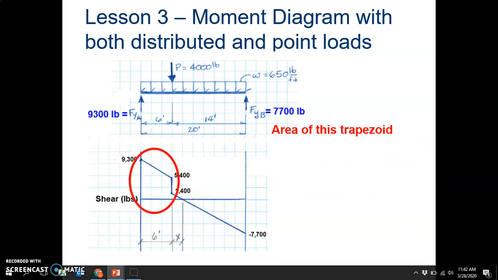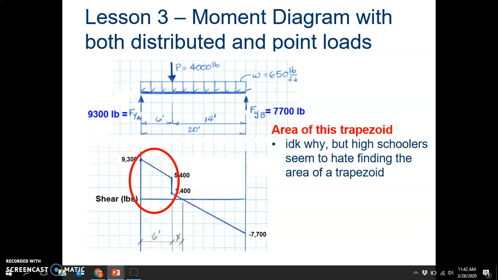So the area of this trapezoid right there is going to be, well, I just want to say, from my experience, I feel like high schoolers hate finding the area of a trapezoid. I don't know why. But a lot of you would rather break this into a triangle and then a rectangle. If that's you, fine. Find the area of the rectangle and the triangle and add them together. Totally fine.